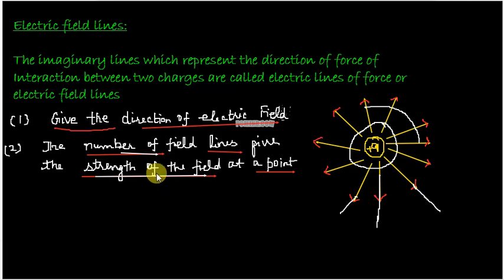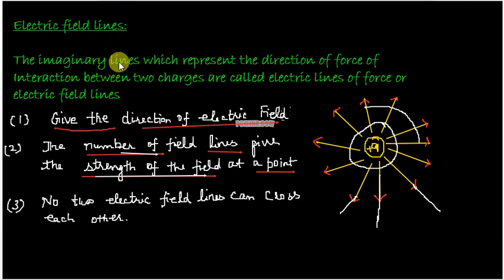Let's go to the third property. Another very important property is that no two electric field lines can cross each other. As you can see here, the electric field lines will never intersect each other. You cannot have an electric field line going this way and another one going this way, at a crossing. Why is this so? This is sometimes asked as a 1-mark question: why can no two electric field lines cross each other?